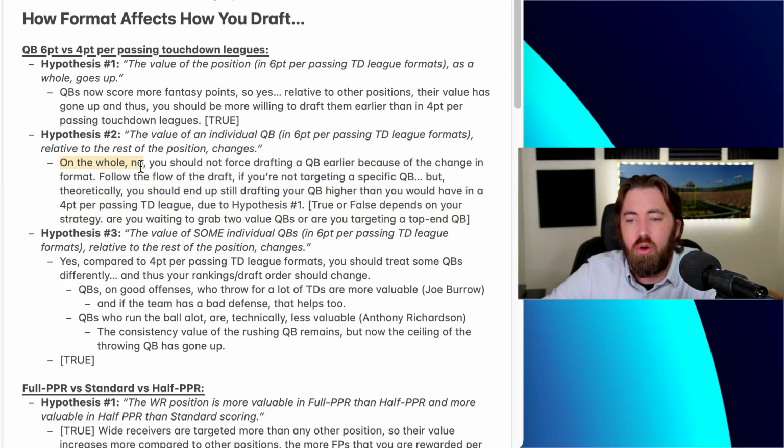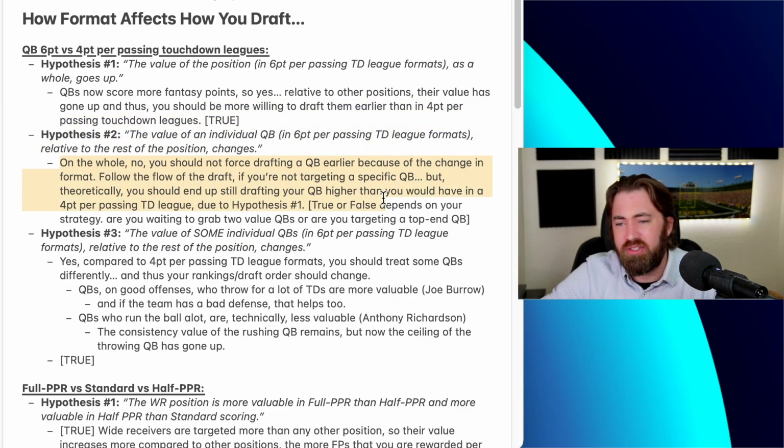But on the whole, I took this very literally, and I'm going to say no. You should not force drafting a quarterback earlier because of the change in format, earlier than a different quarterback. Follow the flow of the draft if you're not targeting a specific quarterback. But theoretically, you should still end up drafting your quarterback higher than you would have in a 4-point per passing touchdown league due to the first hypothesis, which we found to be true.